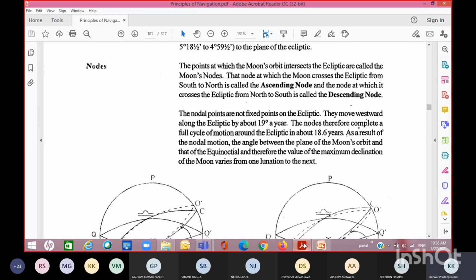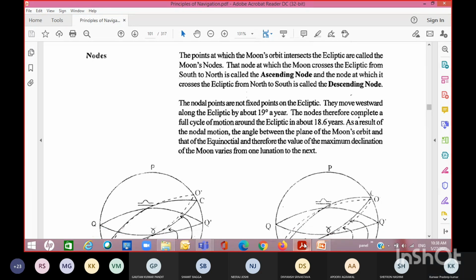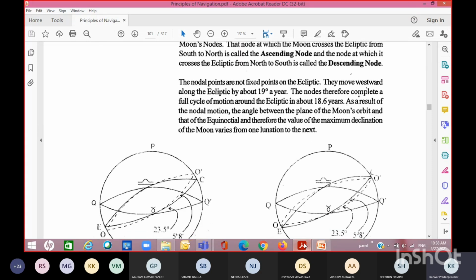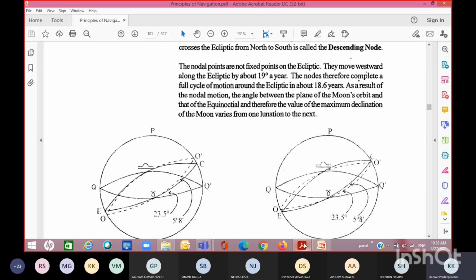The nodal points are not fixed points on the ecliptic. They move westwards along the ecliptic by about 19 degrees a year. Now, this point which you see over here, this cross, you can see my cursor moving over there. That point is not fixed because the moon is also revolving, the earth is also revolving, they are all moving as a combination.